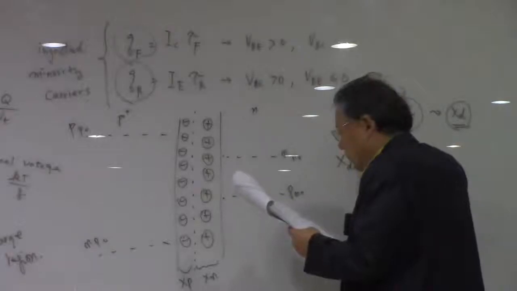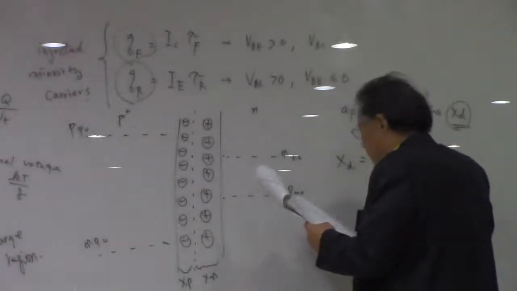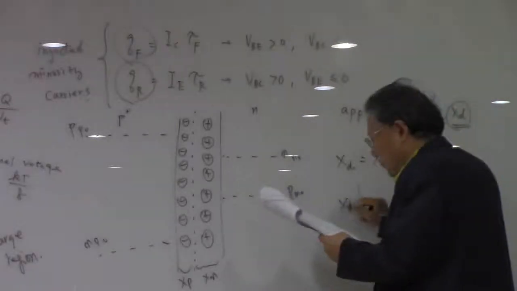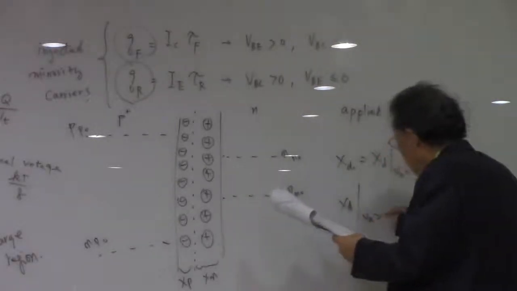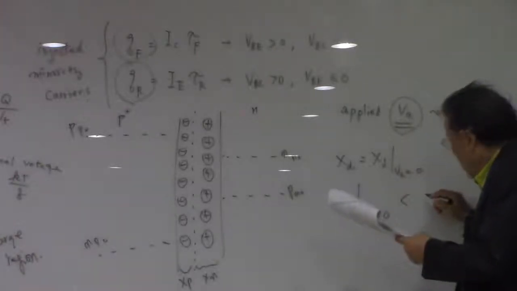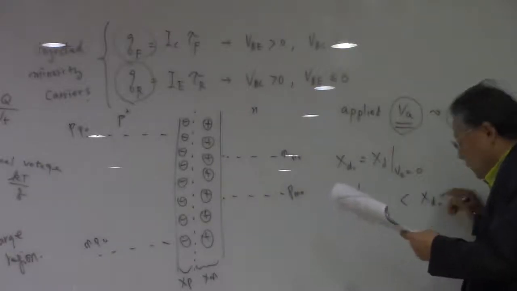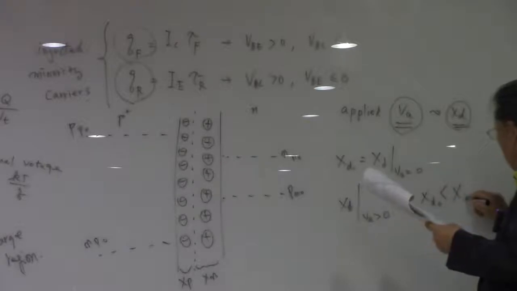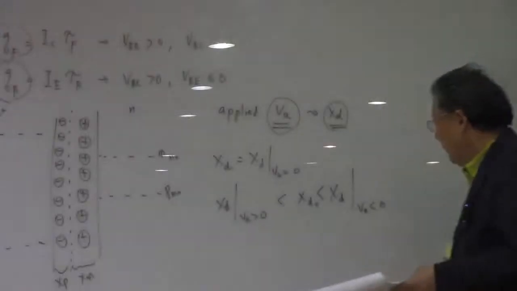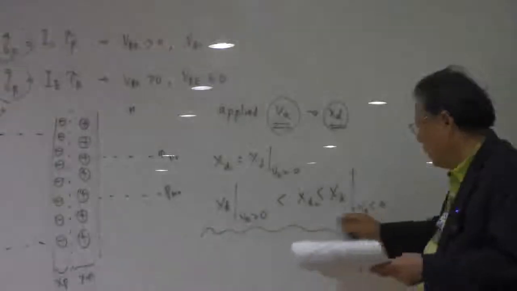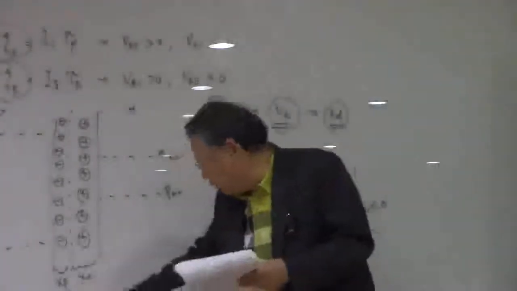XD naught is for VA equal to 0. Okay, XD of VA, if the applied voltage is greater, then the space charge region is going to be changed. VA can also be negative.